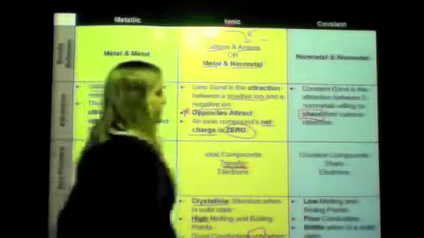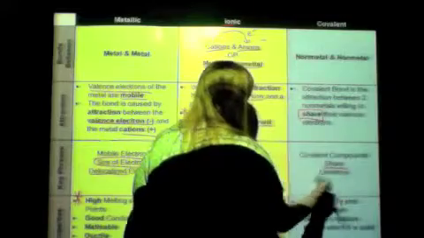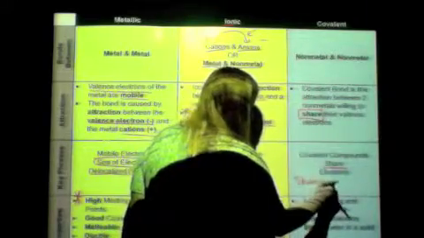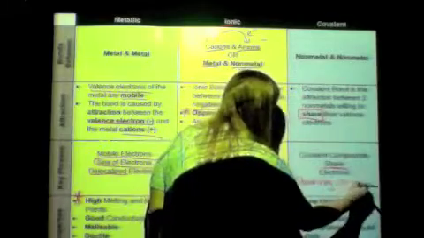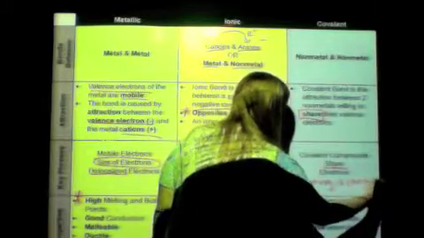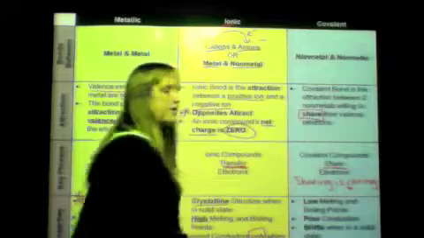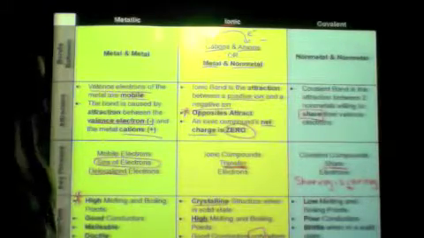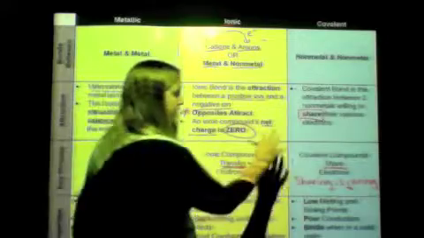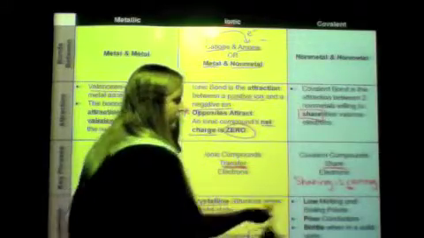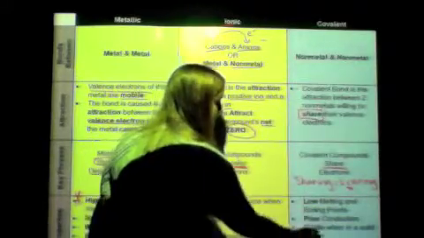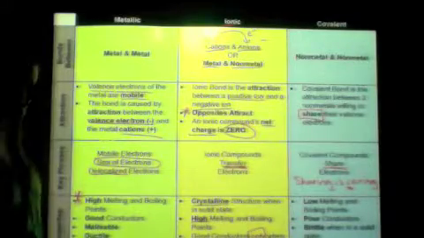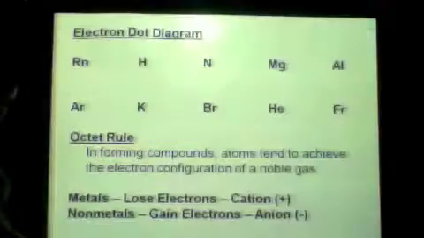So covalent compounds share electrons. C, covalent, caring. Sharing is caring. And since they are just nonmetals, the properties again are the same as the nonmetals. Low melting and boiling point, poor conductors, brittle when in a solid state.